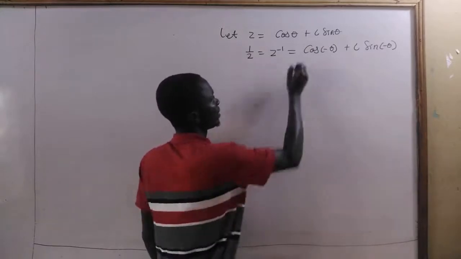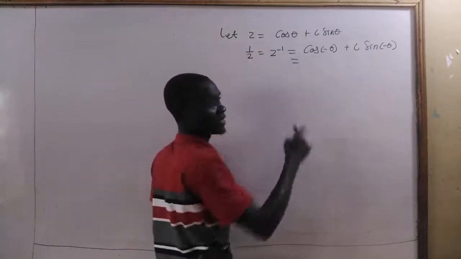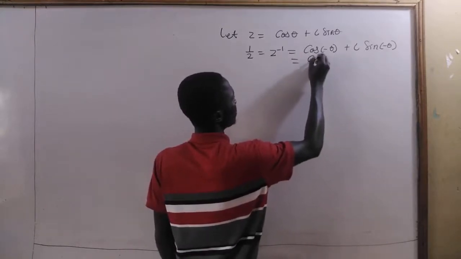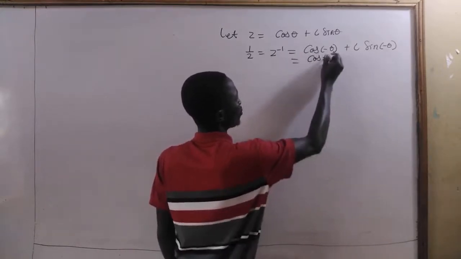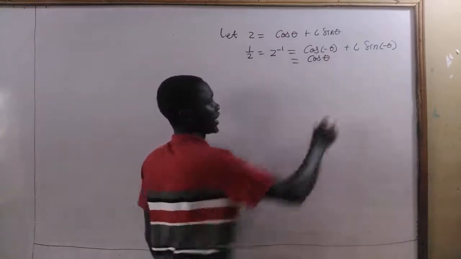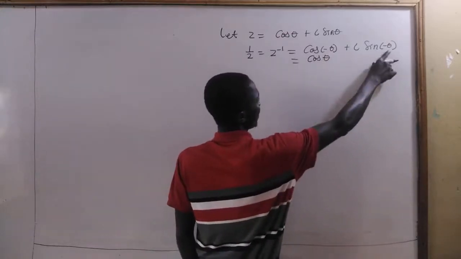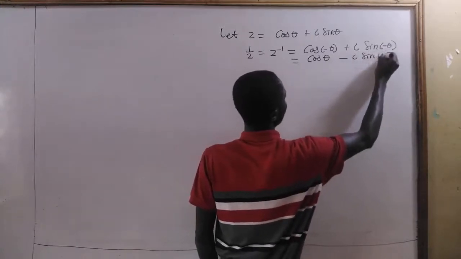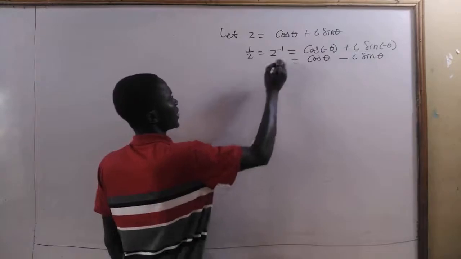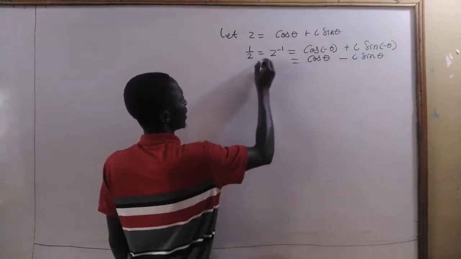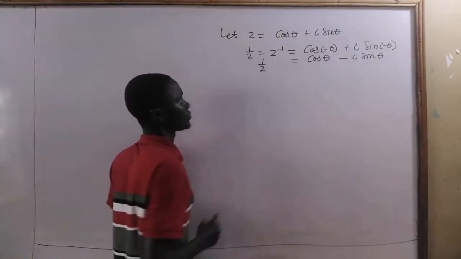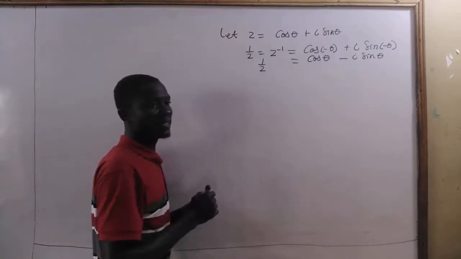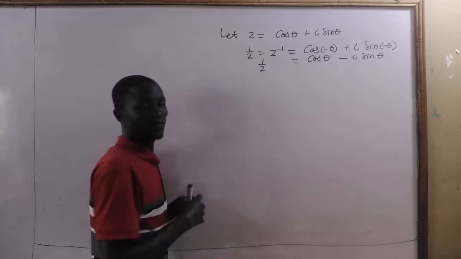Now here, cosine is an even function, so cosine of negative theta gives the same as cosine of positive theta. And sine is an odd function, so sine of negative theta is the same as negative sine of positive theta, as 1 on z.